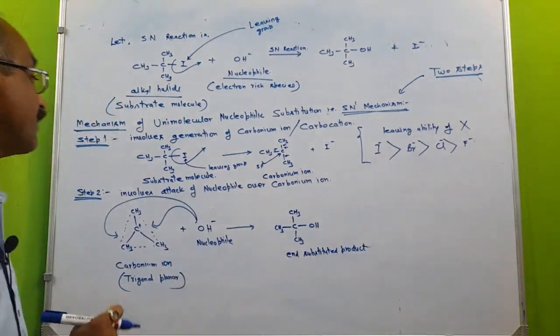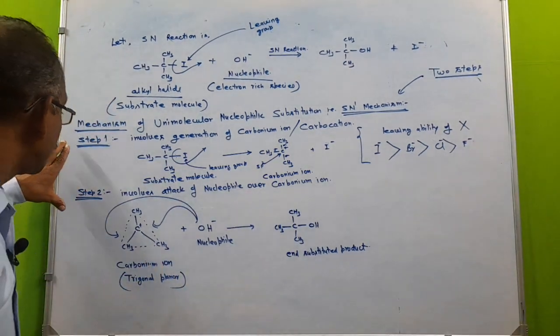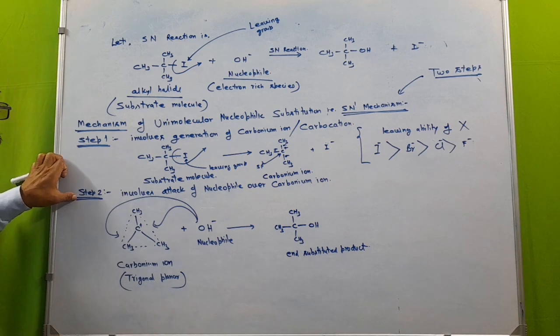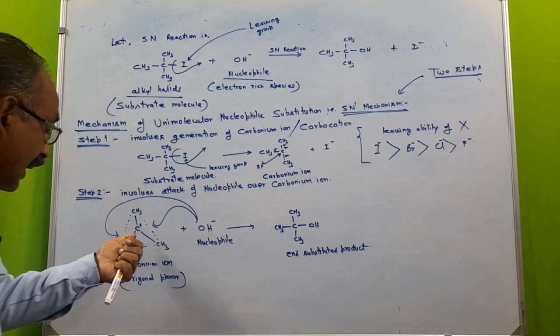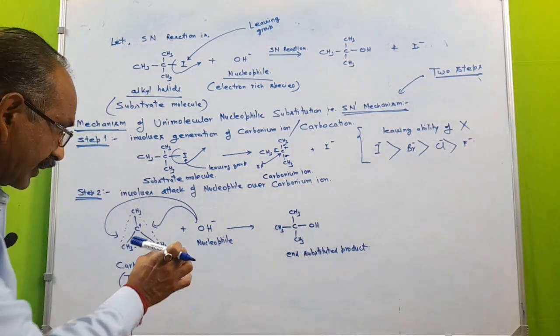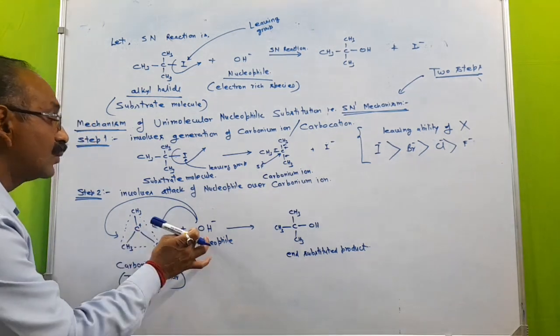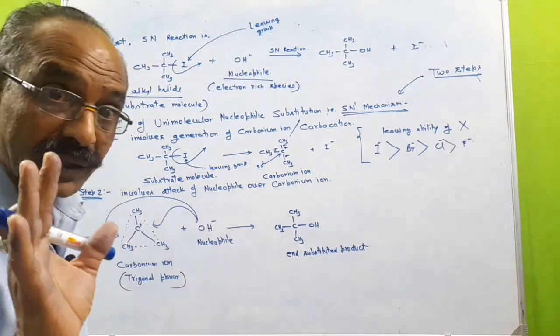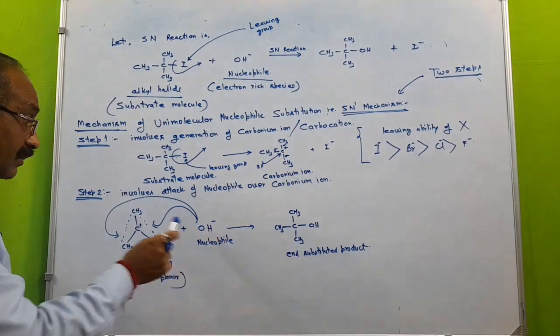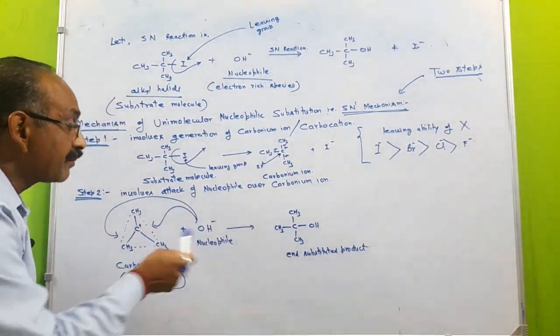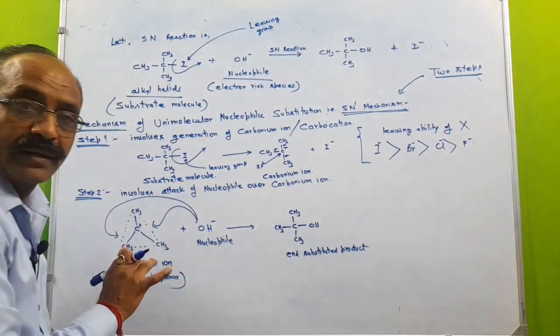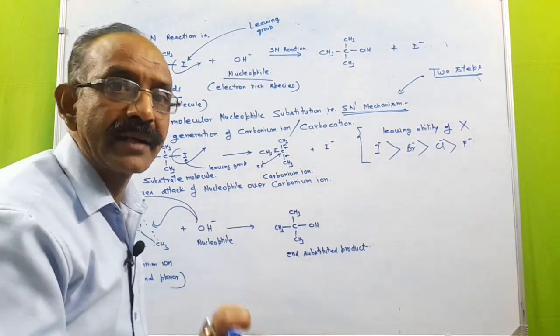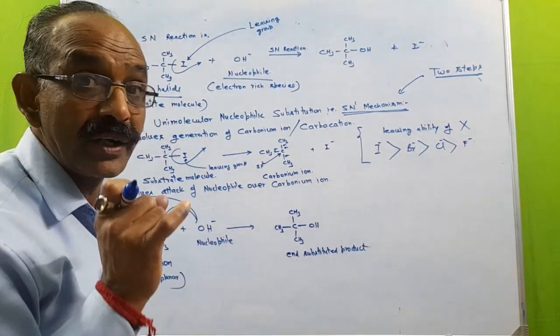Now see here, as we know that this reaction occurs in 2 steps. In step second, the reaction occurs between 2 oppositely charged ions, positively charged carbonyl ion and negatively charged nucleophile. And we know that the ionic reactions are very fast.